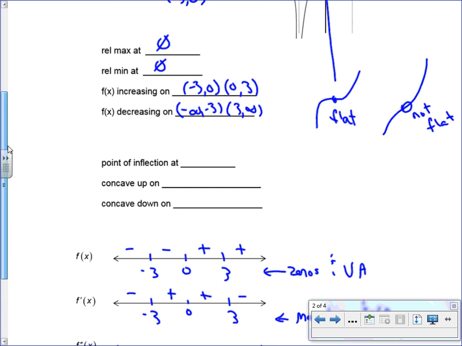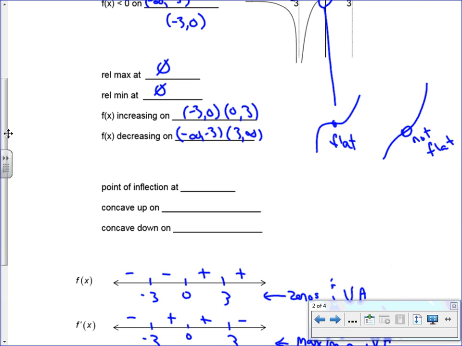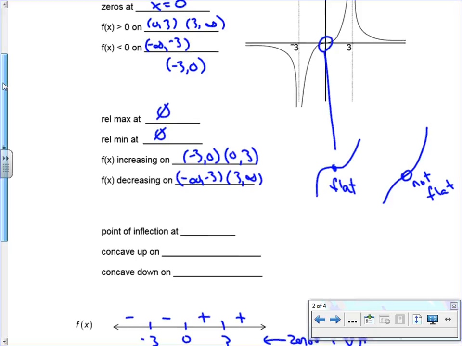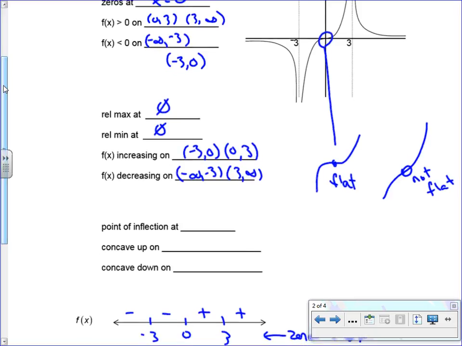Now, what is the point of inflection? It's actually asking for a point of inflection. Is there a point on the graph where it changes inflection, changes concavity? 0, 0. Okay, you might say at x equals 0 if it said where is it.